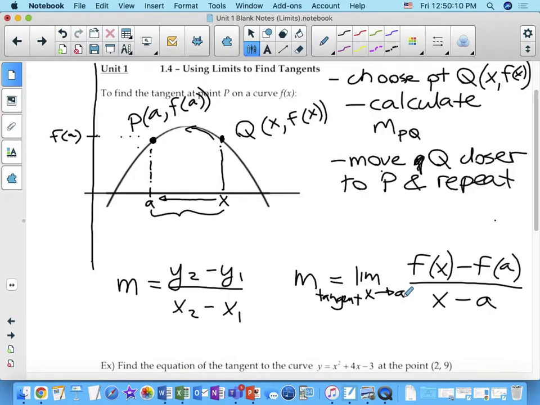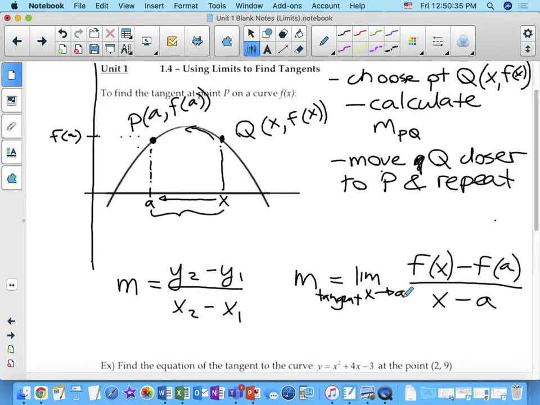Because essentially what we're doing is we take this hypothetical point Q, which is like a variable point because we're moving it closer and closer, and this specific point P, a, f of a, which is fixed. And to get the slope, we move x closer and closer to a.